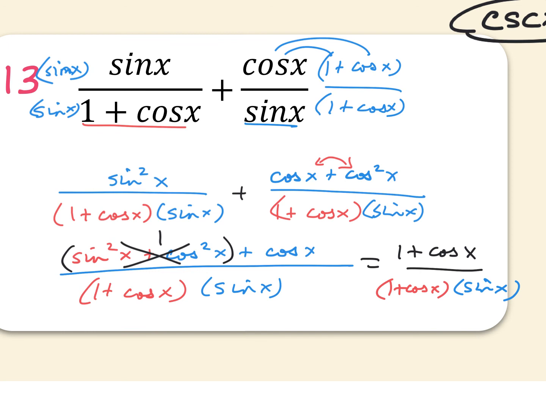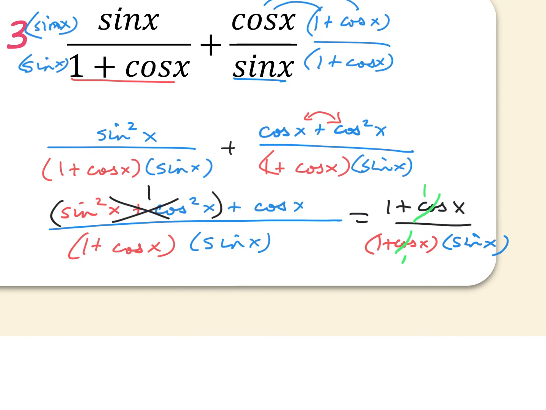Notice these will cancel, become 1s. So now I'm left with 1 over the sine of x. I don't want to ever leave anything as a fraction, so I'm going to use a reciprocal identity, and the final answer is cosecant x. Let's try number 14.